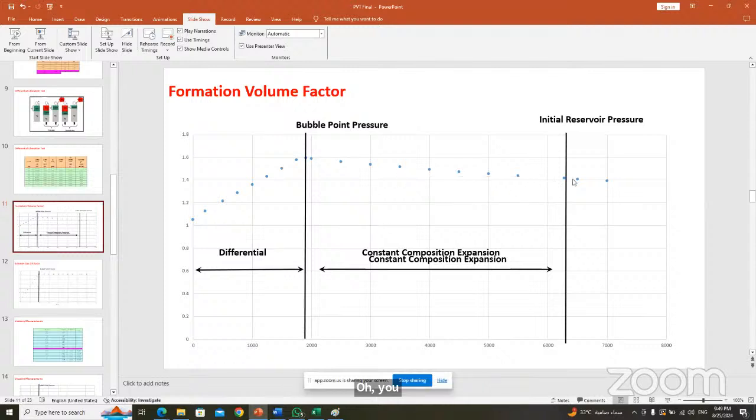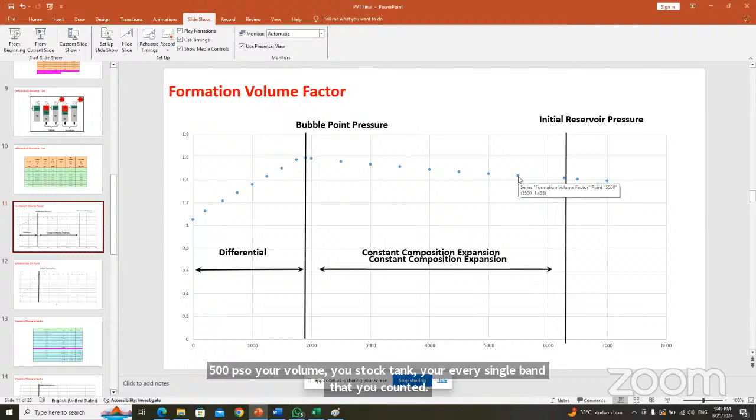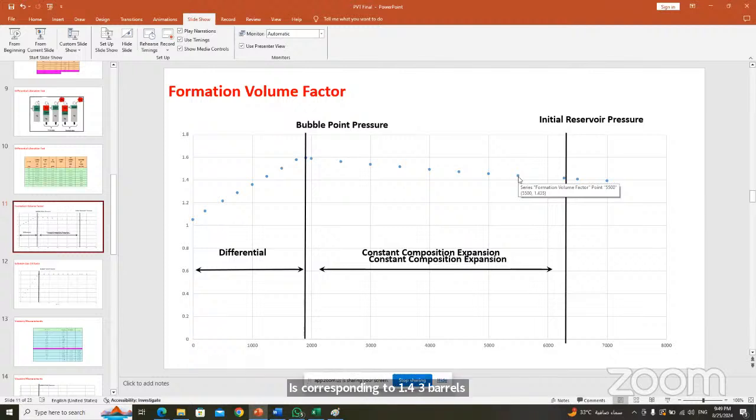If your initial pressure was 5,500 psi, every single barrel that you counted in the stock tank corresponds to 1.43 barrels in the reservoir. So this is very critical in the reservoir calculation, volumetrics.